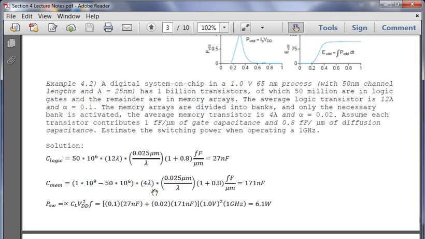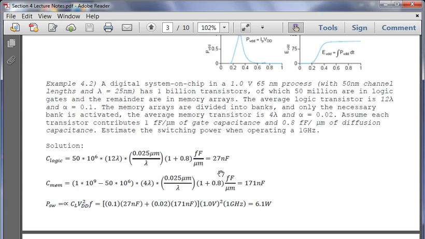Now we also noticed that each transistor contributes 1 femtofarad per micrometer. So we have this in micrometers here. Micrometers cancel out, lambdas cancel out. So then we have femtofarads. When you multiply this out, it goes from 10 to the negative 12 to 10 to the negative 9. So this becomes 27 nanofarads.